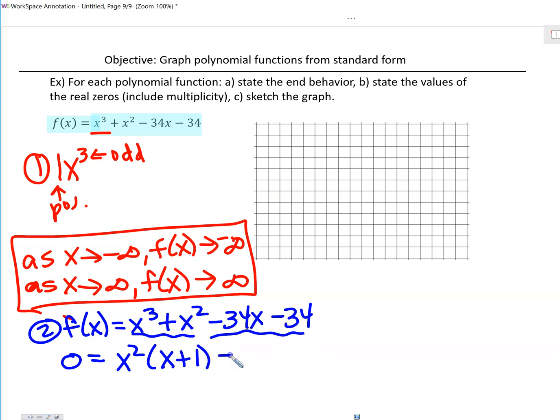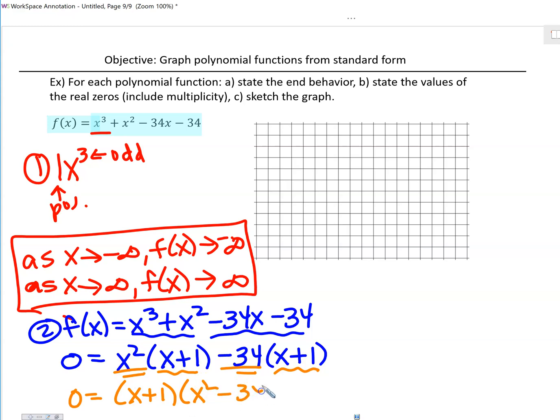The second pair has a GCF of negative 34, and that would also be times x plus 1, which, if you recall, is absolutely necessary that these binomials be the same for us to continue with the factoring, because now that x plus 1 is a common factor that we factor out here, and then it's times the second binomial of x squared minus 34 that comes from the GCFs.